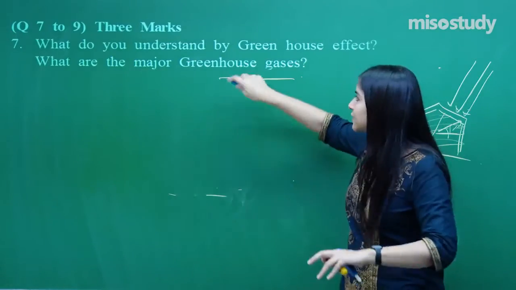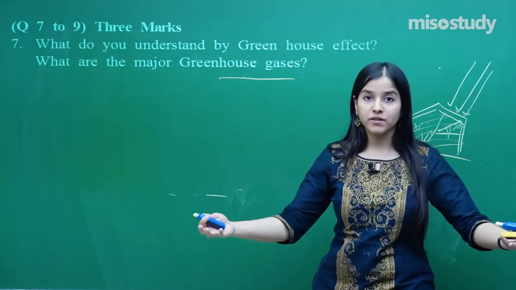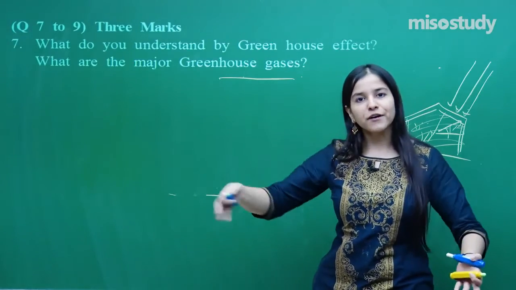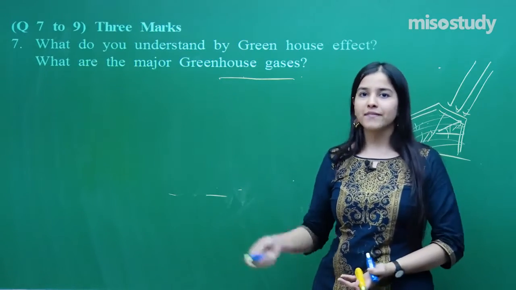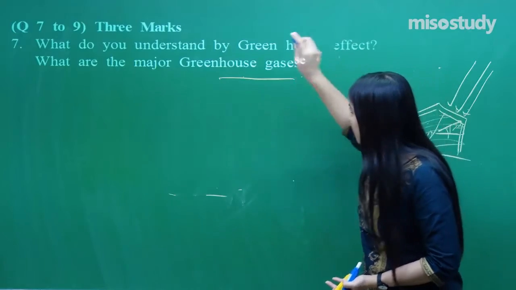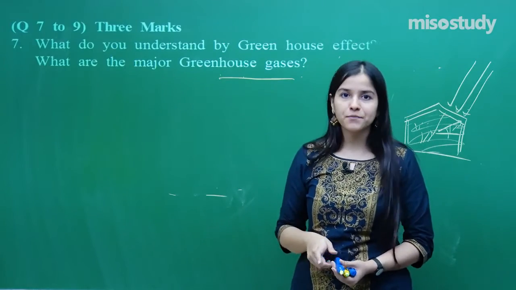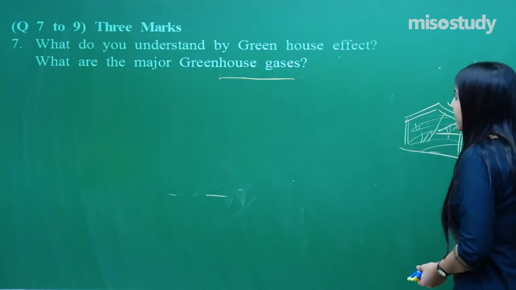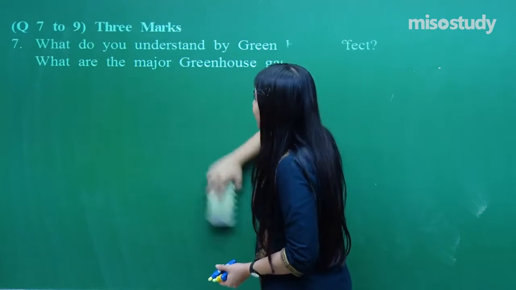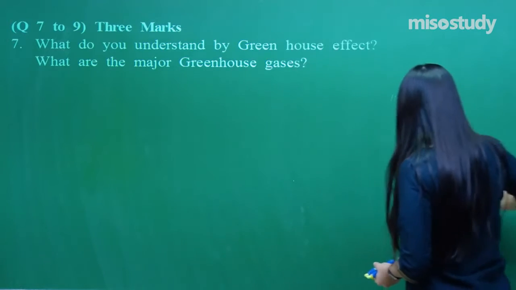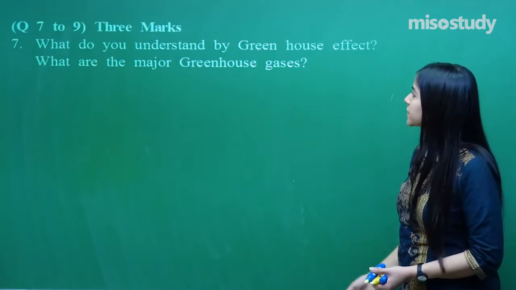The greenhouse gases which are present are trapping the heat inside, in fact much more than is needed, raising the temperature of the earth, leading to global warming, and that is what the greenhouse effect is. And the major greenhouse gases, we already know the main culprits behind this. Clear? And raising the temperature of the earth makes the polar ice caps melt and leads to so many problems for us, right? Okay.